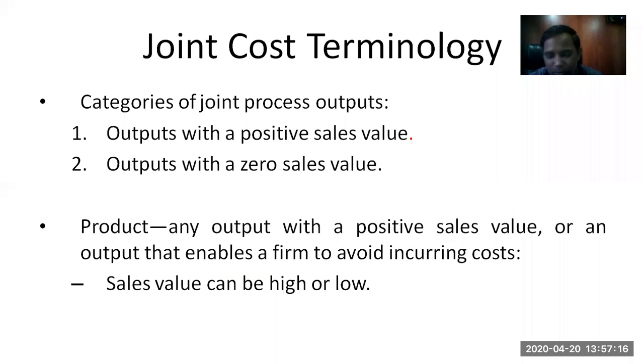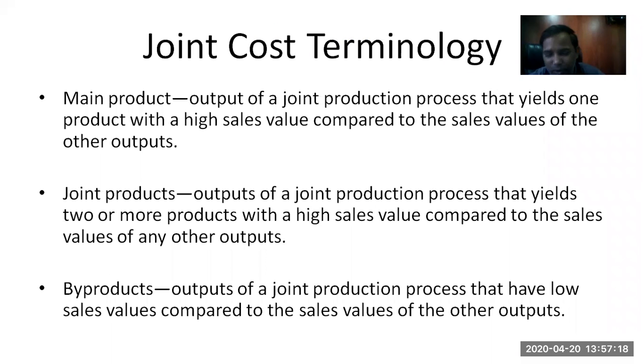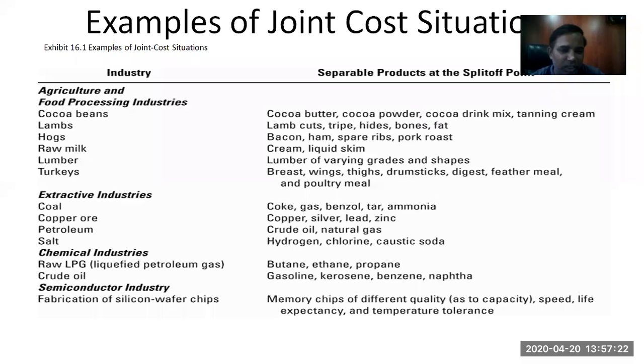So we discussed what product means. We discussed main products, joint products and byproducts. These are examples of joint cost situations. If you see here, there are a huge number of examples given. It is a part of the syllabus. Actually, it's from the textbook itself. So you can go to Exhibit 16.1 and see what kind of products there are and what the split-off points are.